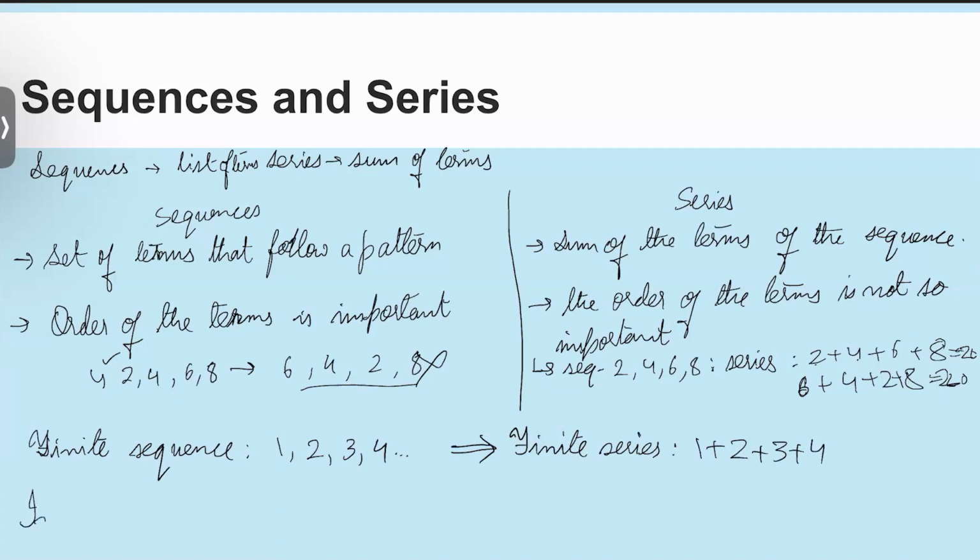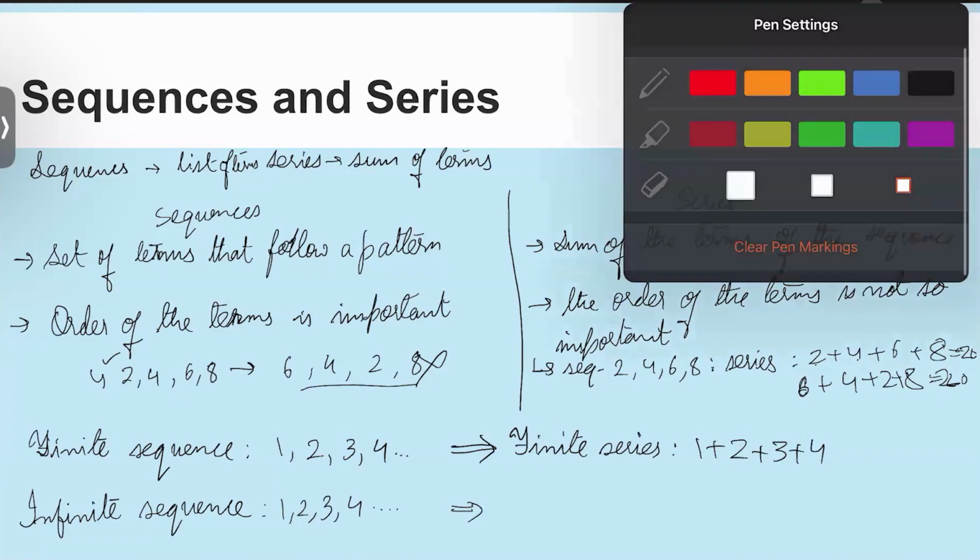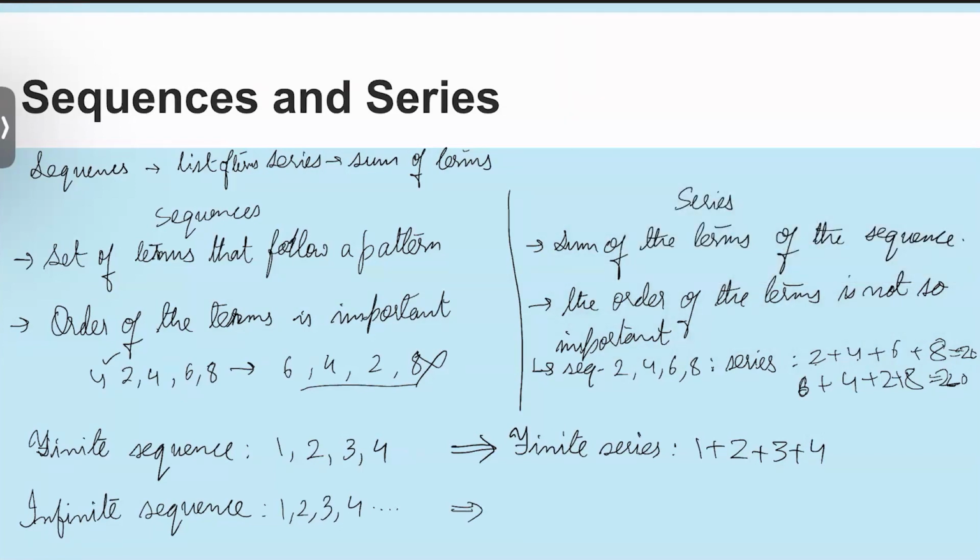There are no dots here, so this is a finite sequence. It only extends from 1 to 4, and the corresponding series would be a finite series itself: 1 plus 2 plus 3 plus 4.